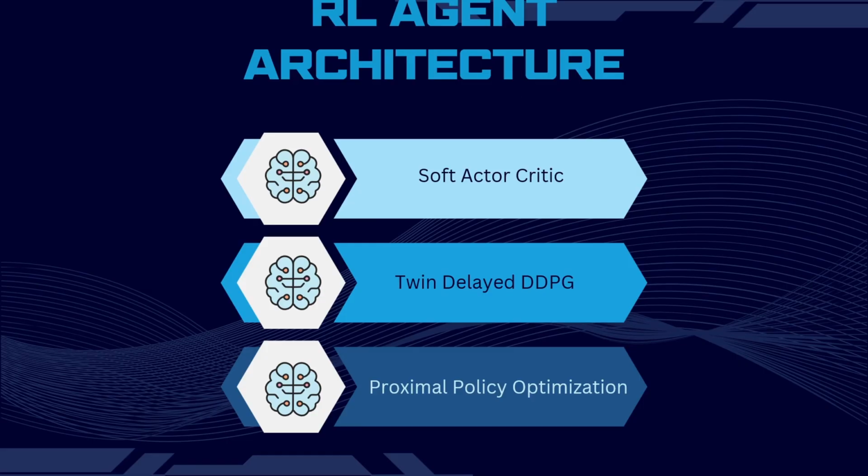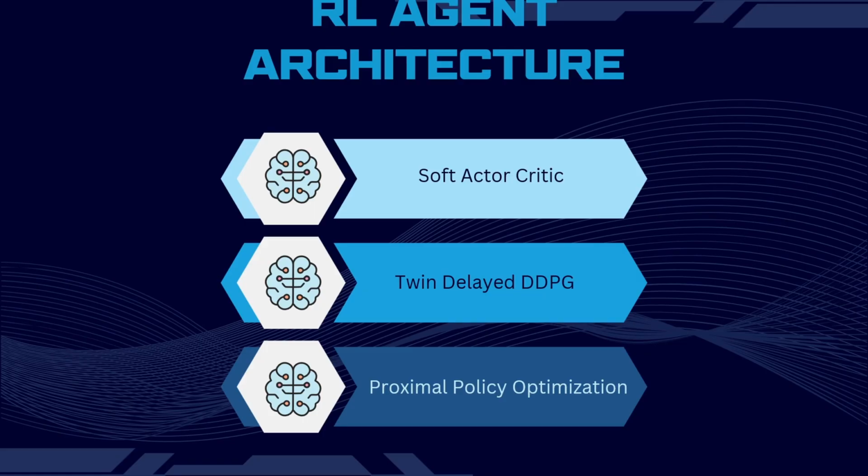For soft actor critic, the justification for selection is that, first of all, it's an off policy method. That means it will learn from its past experiences as it propagates through different circumstances across the training cycle.